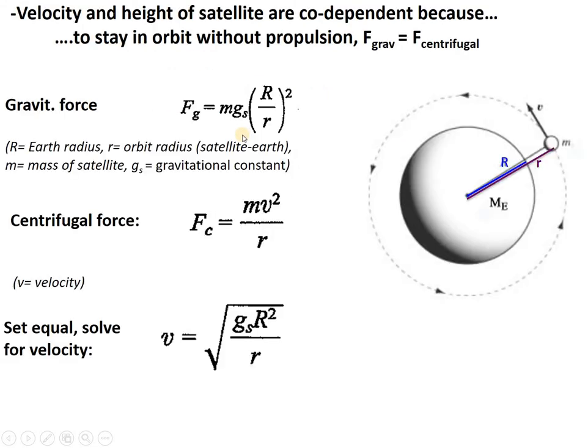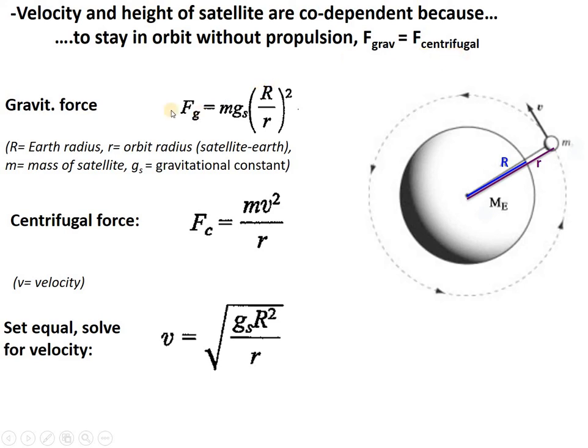They're codependent. And the reason for that is that to stay in orbit, the satellite has to be going a certain speed. The speed that it needs to go to stay in orbit is the speed that balances gravitational force against centrifugal force.